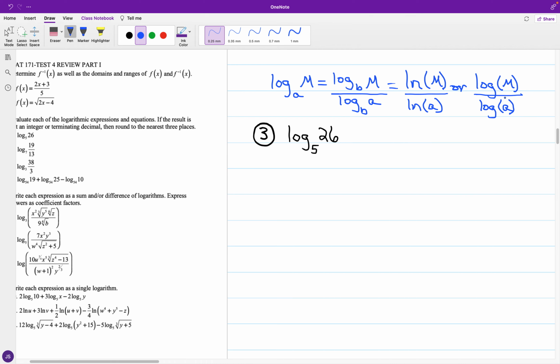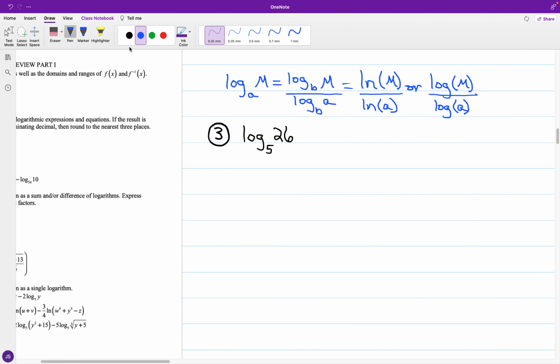So for the case of the base 5 logarithm of 26, m is represented by 26, a by 5. And if we look at reduction, we'll just go with the natural log on this one. The same result will appear if you went with a ratio of base 10 logarithms.